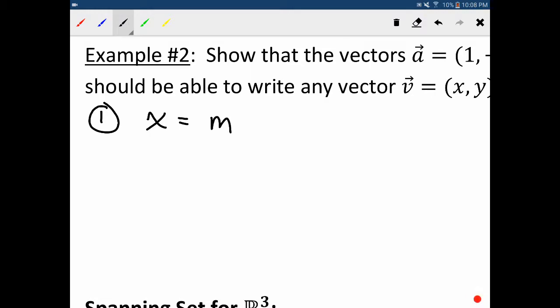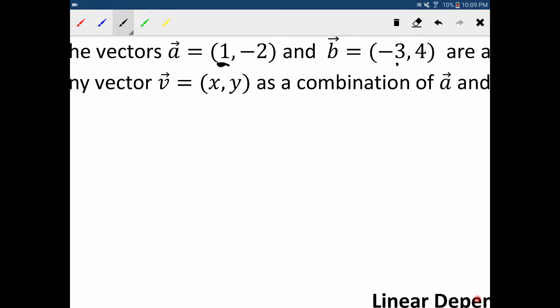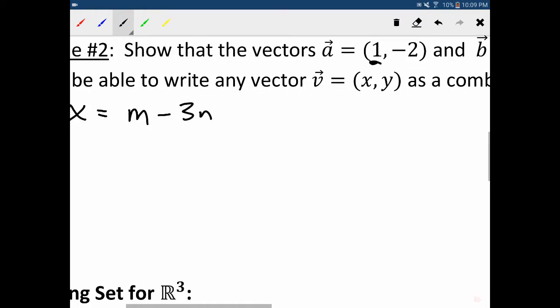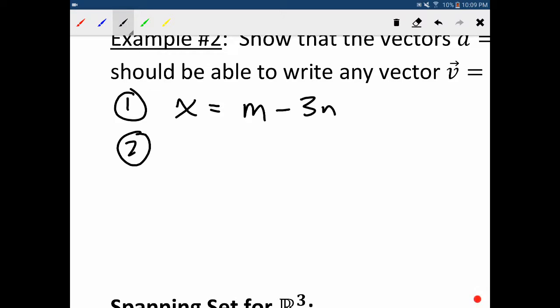If I multiply A by m and B by n, then x is going to be equal to m minus 3n, because A's x value was 1, so 1 times m, and B's x value was negative 3, so negative 3 times n. Similarly, my second equation is y equals negative 3m plus 4n.